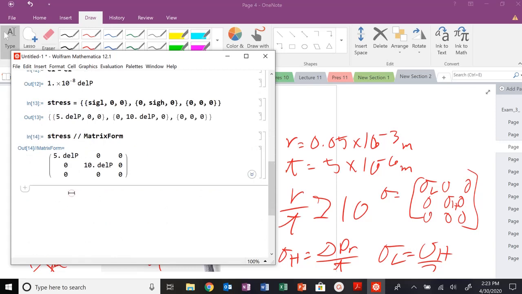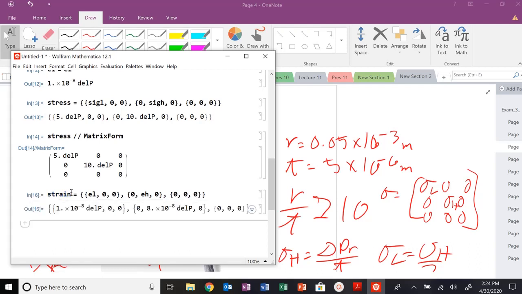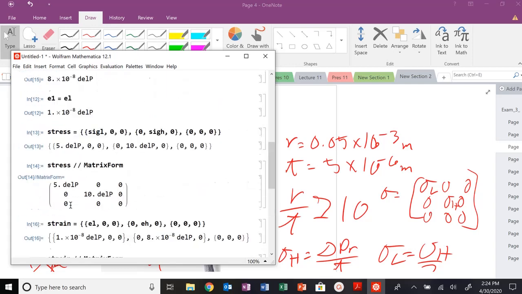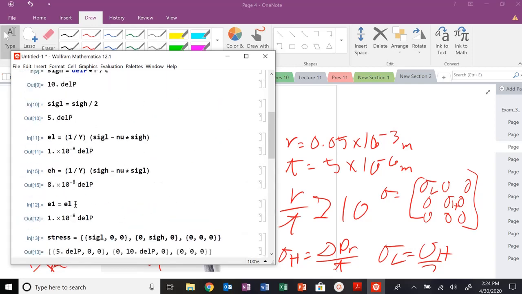So let's do our strain. That was again equal to, in my coordinate system, and your coordinate system can be a little bit different depending on how you orient your system, but there should be the same number of components, 0 and 0, 0, 0 for the rest. That's the strain matrix form. So now we are basically left with an equation.